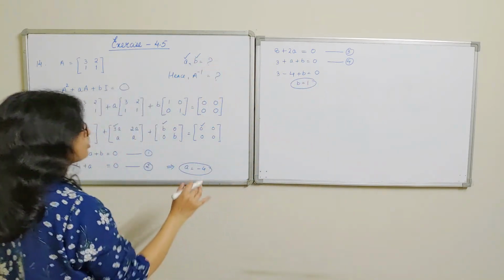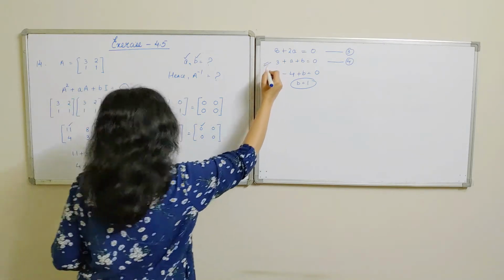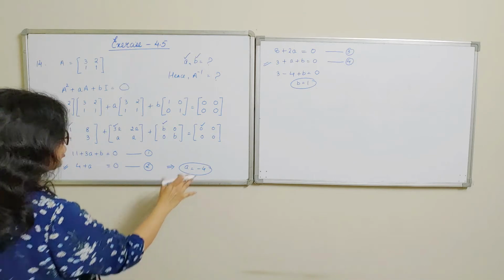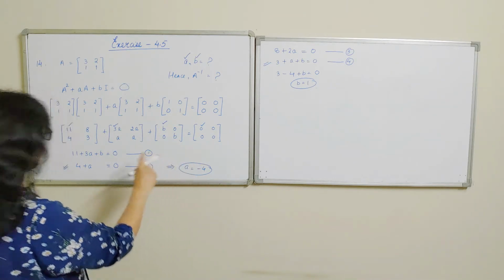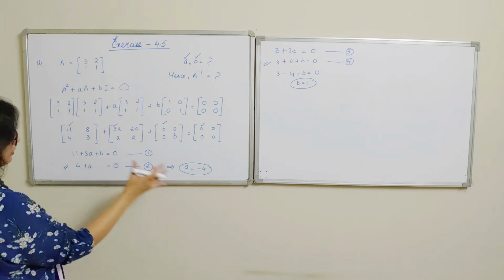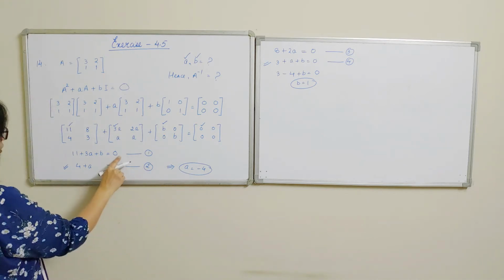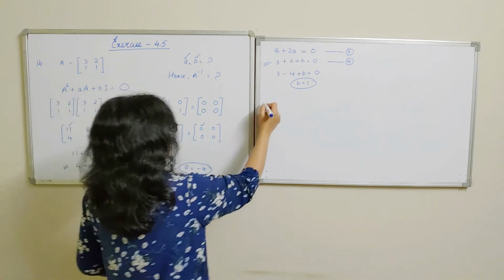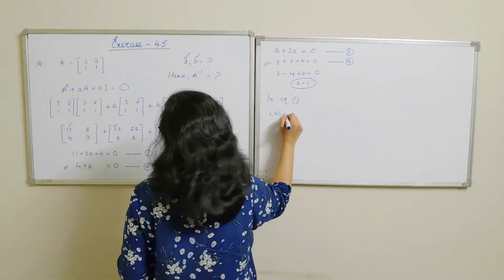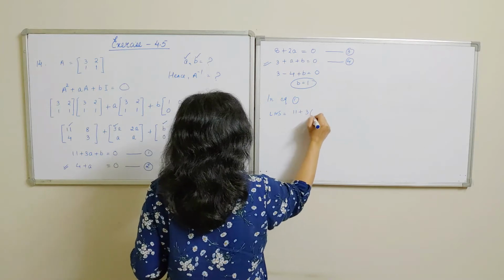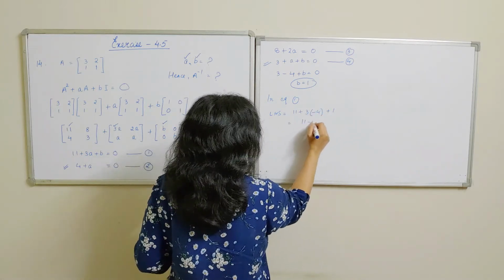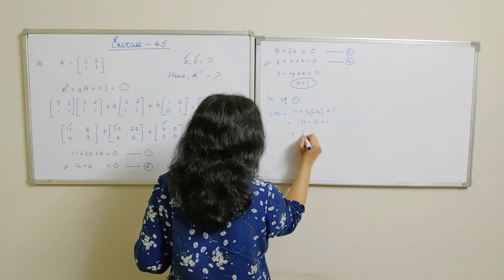Once we have found the values, we have basically used here equation number 4 and equation number 2. Two more equations are given. We'll just put these values of a and b in the first and the third equation. If the equations are satisfied, that means we have found correct values of a and b. So substituting here in equation 1, the left hand side, 11 plus 3 into a plus b is 11 minus 12 plus 1, which turns out to be 0.